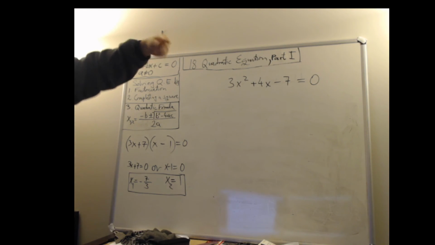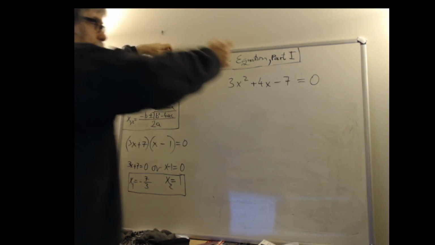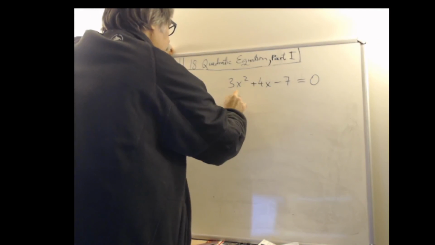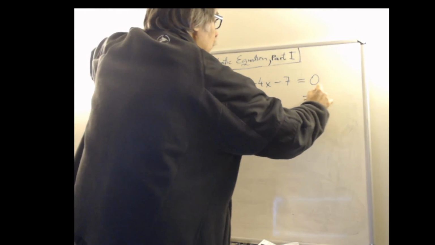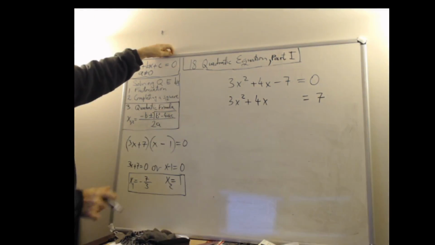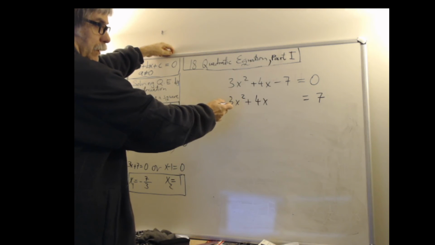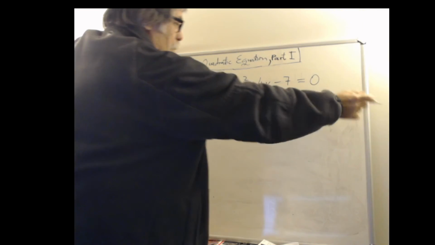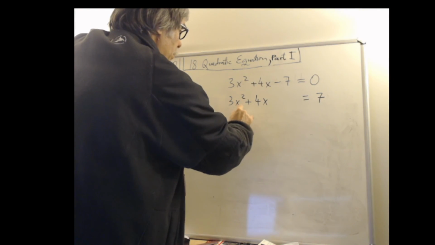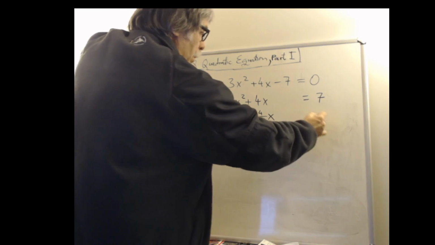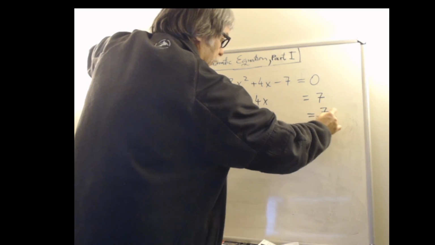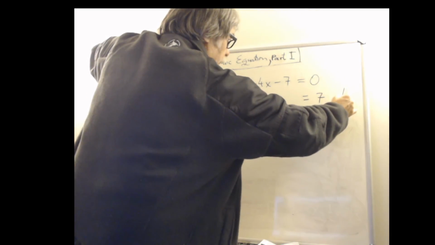Let's see, completing a square. Put this guy on the other side. Divide with 3. We need to get a single x squared here. Everything has to be divided with 3, right? So dividing with 3.